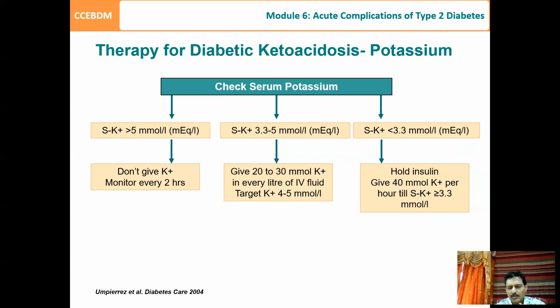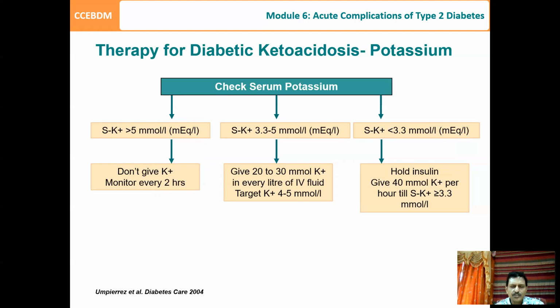You have to give the potassium not as an IV bolus, don't give it that way. We have to give the potassium in diluted form. So in each 500 ml bottle of fluid, you can give up to 20 to 40 milliequivalent.